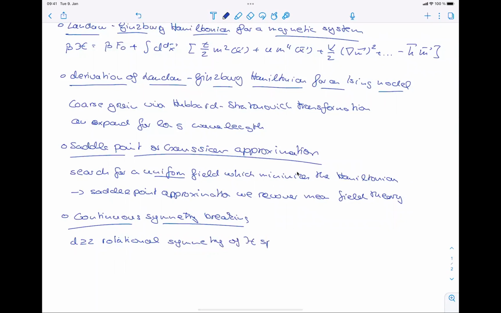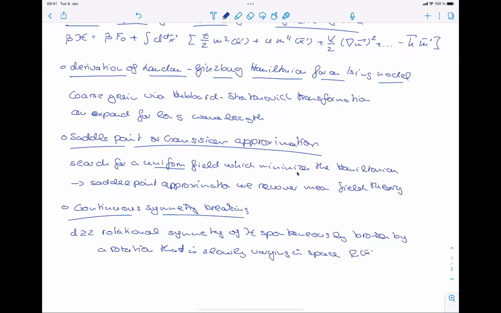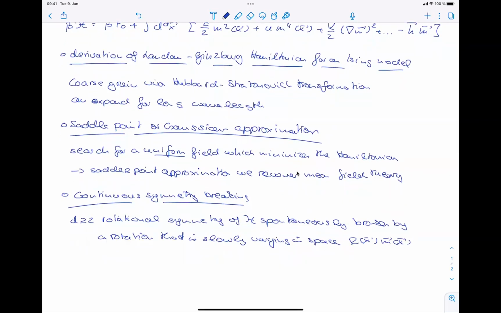And so this is spontaneously broken by a rotation that is slowly varying in space, of the kind R(x) M(x). And these rotations, they have a name. They're called Goldstone modes.